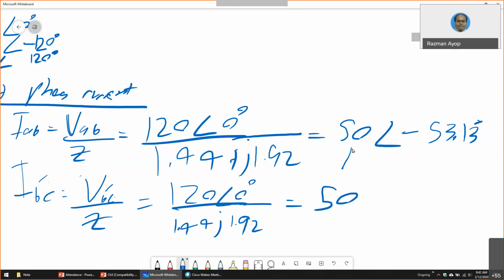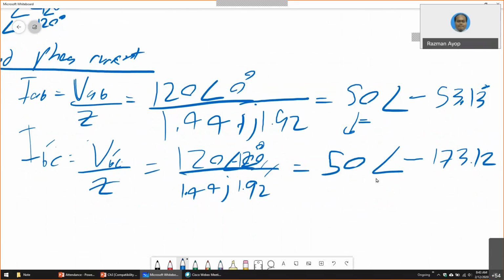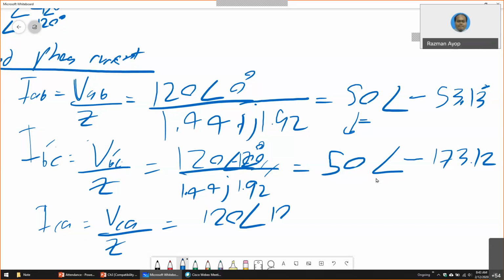Remember, balanced load is the same, and the angle is 120 degree apart. Negative 53.13 minus 120, you get negative 173.13. And lastly, ICA equals VCA divided by Z, you get 120 angle 120 degree positive.